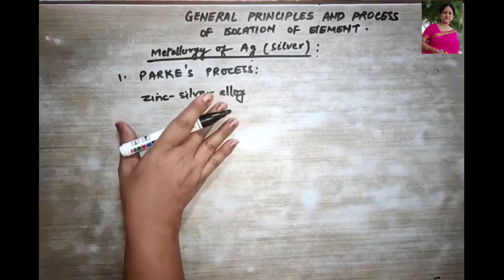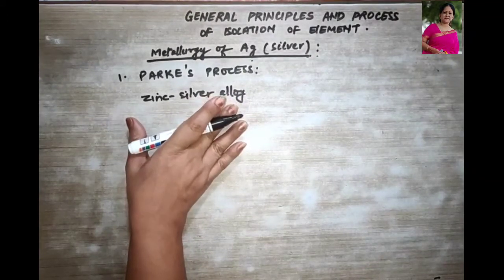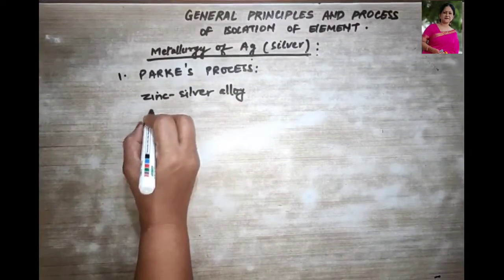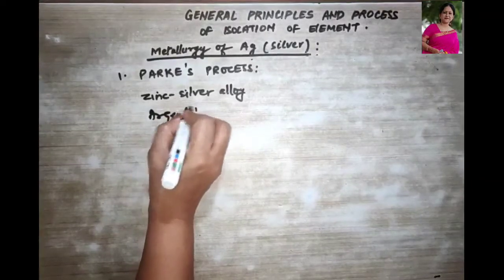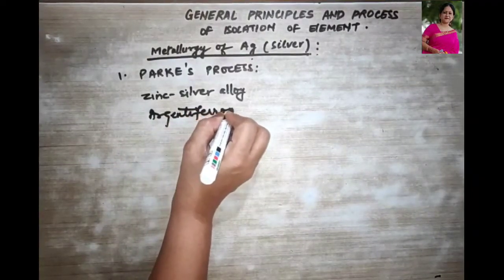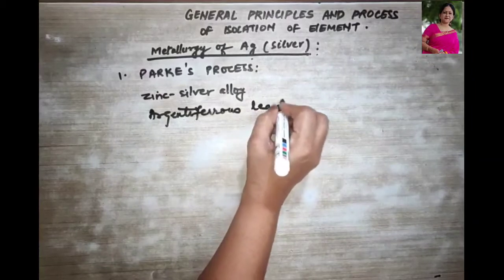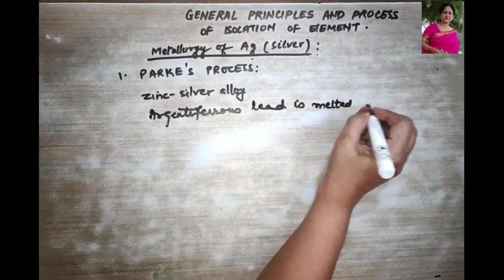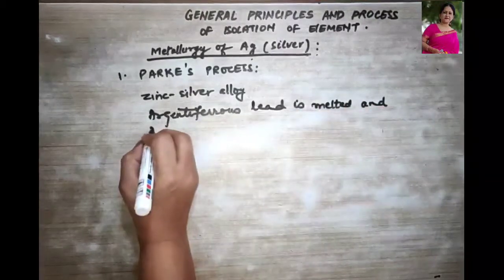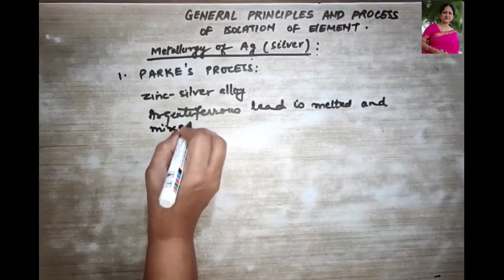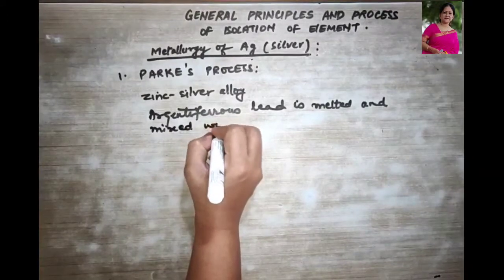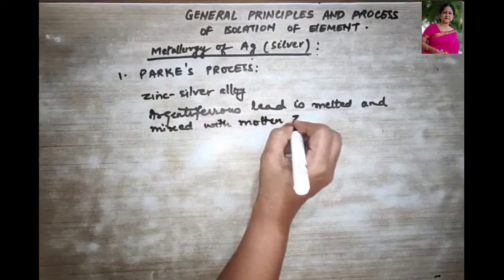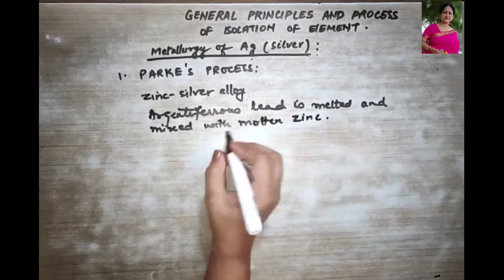Thus the argentiferous lead is melted and it is mixed with the molten zinc, right?